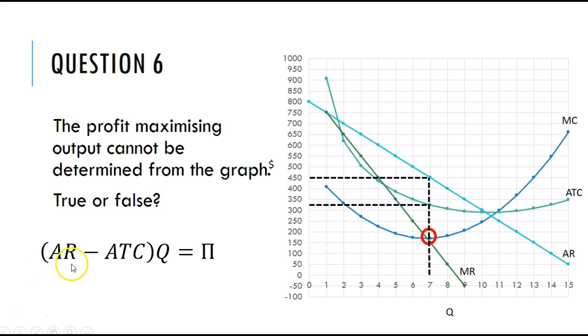So average revenue minus average total cost gives you the profit per unit, times the quantity produced gives you your total profit. 450 minus 325 is $125 profit, times 7 units produced gives you $875 profit. Easy.